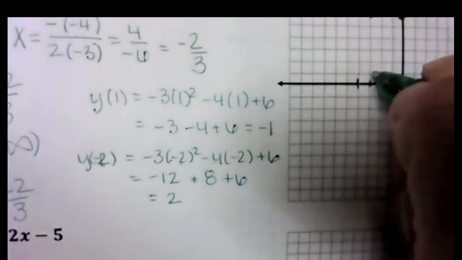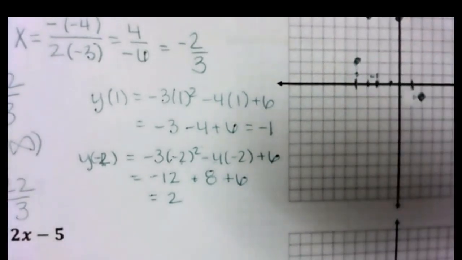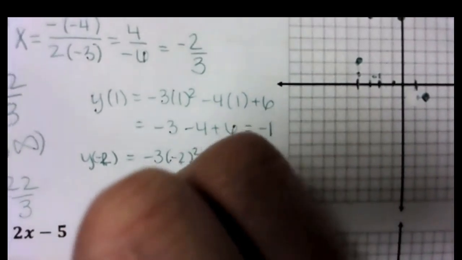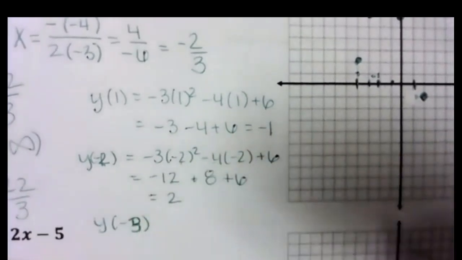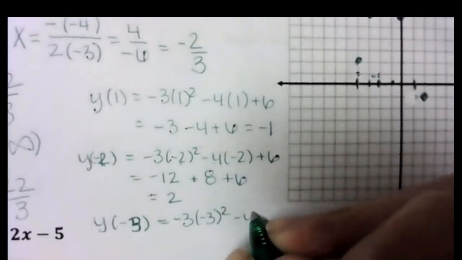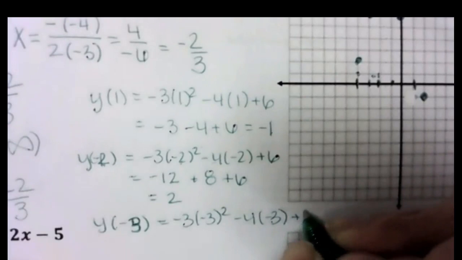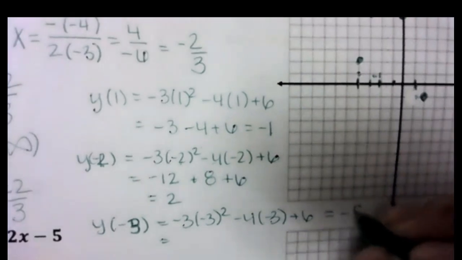So that point hasn't quite crossed below the x-axis yet, so you gotta go a little further. So maybe you go over to x equals negative 3. And you do the same thing, negative 3 times negative 3 squared, minus 4 times negative 3 plus 6. And now you get negative 9.